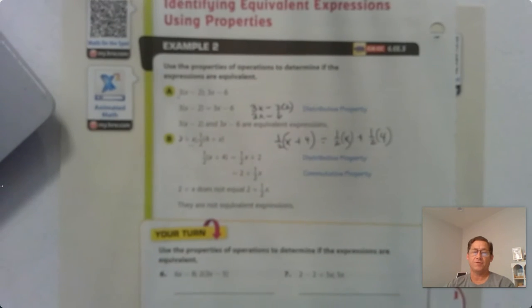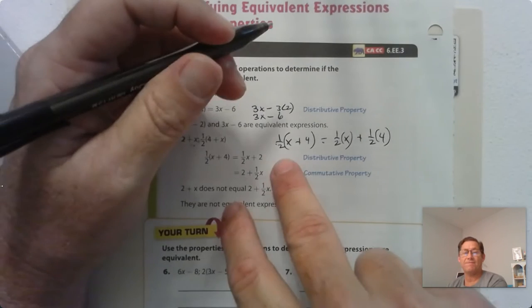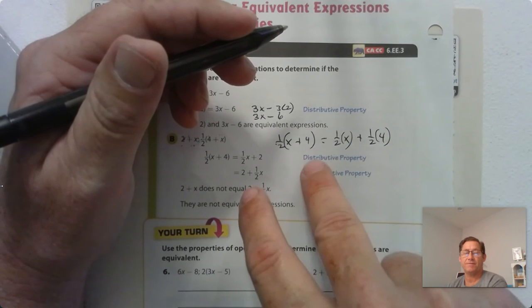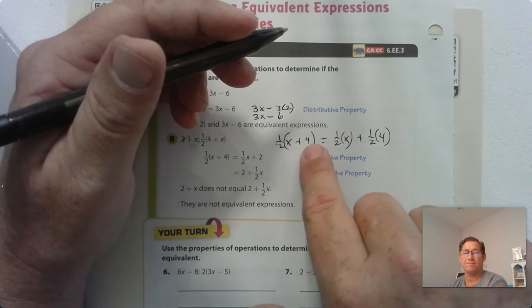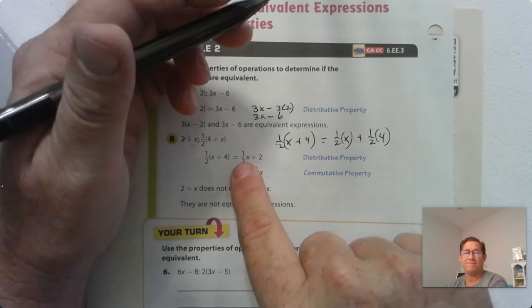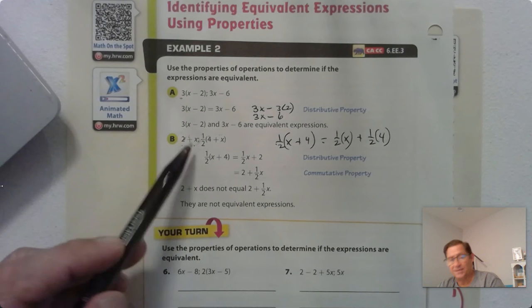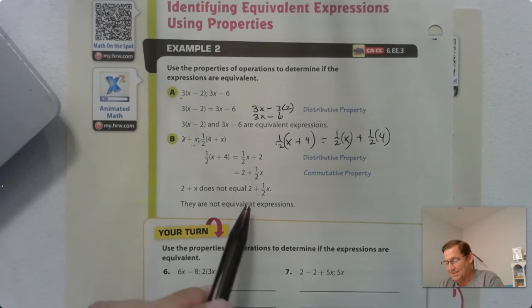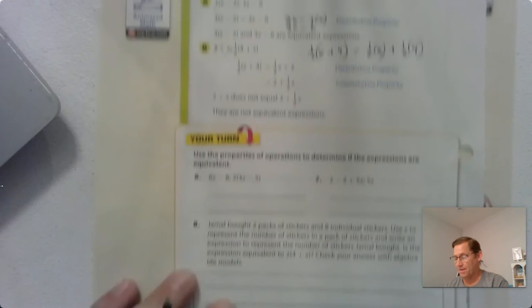So if we rewrote it using the distributive property, 1/2 times the sum of x plus 4 is the same as 1/2 times each of the numbers in the sum. So 1/2 times x plus 1/2 of 4 gives us 1/2 x plus 2. Okay. So is that the same as 2 plus x? No, they're not equivalent. 2 plus x is not the same as 2 plus half an x. Okay.